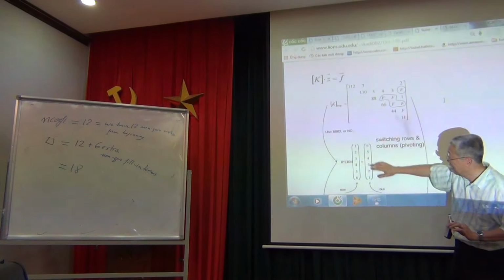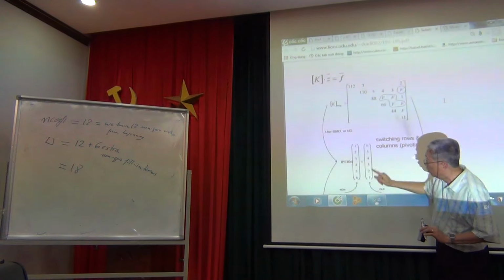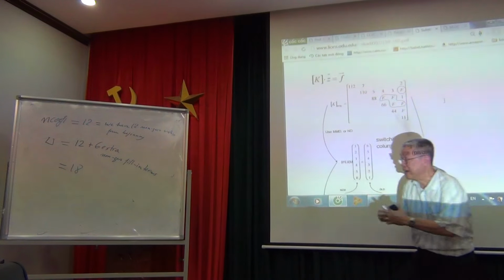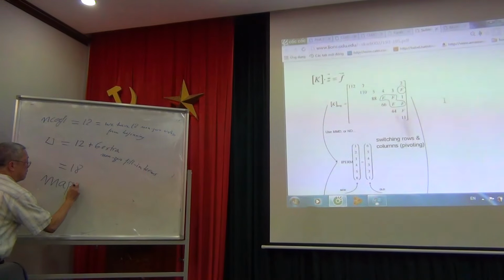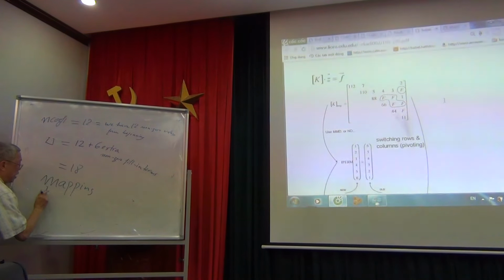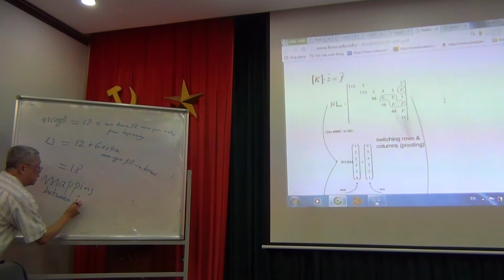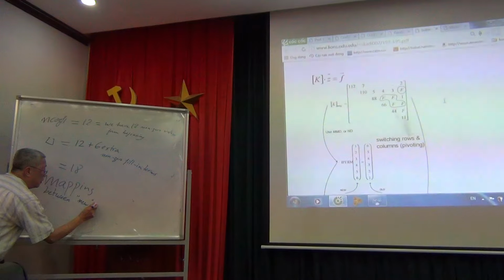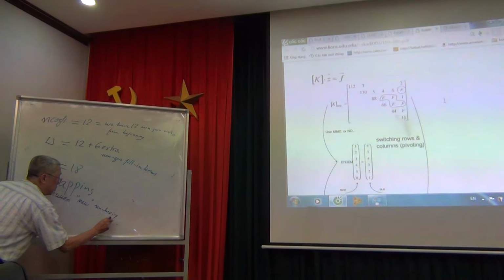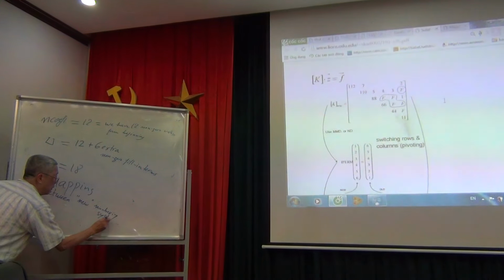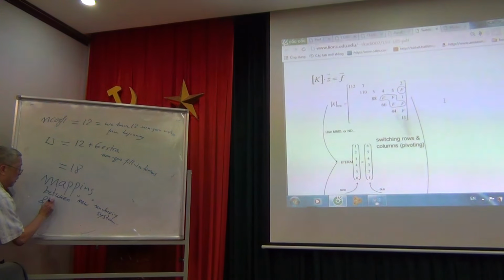Now notice, this output will give you the mapping between the so-called new numbering system and the so-called old numbering system.